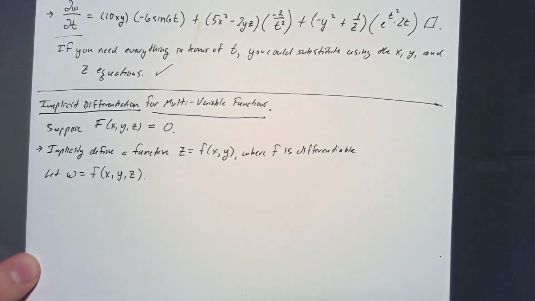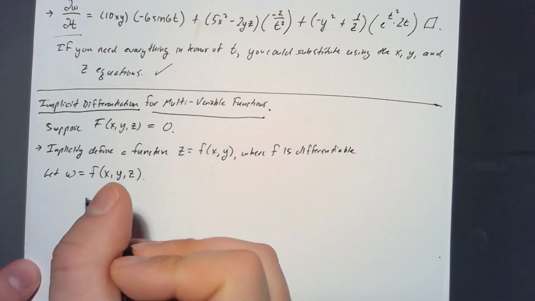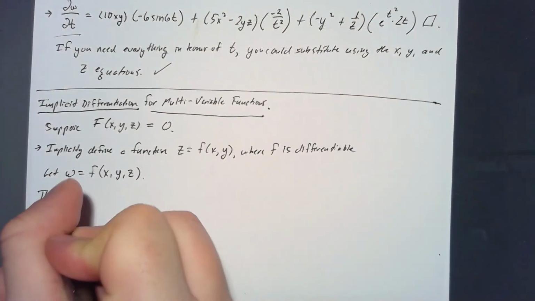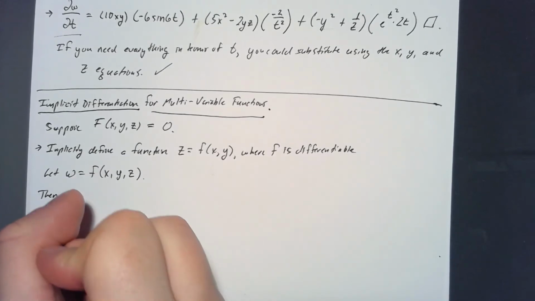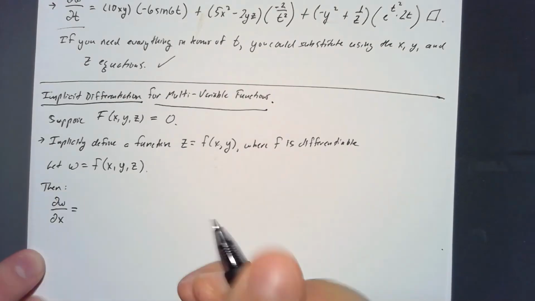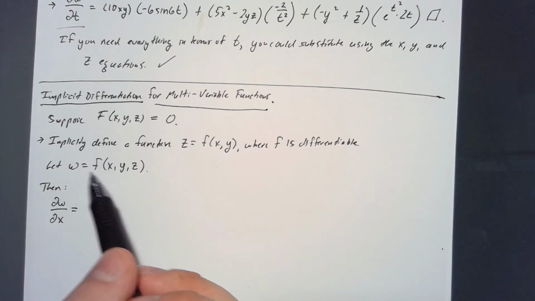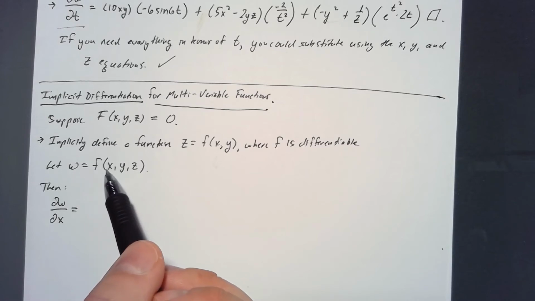Then if I take the derivative, so if I go through this with the derivative, the derivative of w with respect to x, I'm using the chain rule here. So the derivative of w with respect to x is going to be the derivative of f with respect to x, and then the derivative of x with respect to x.